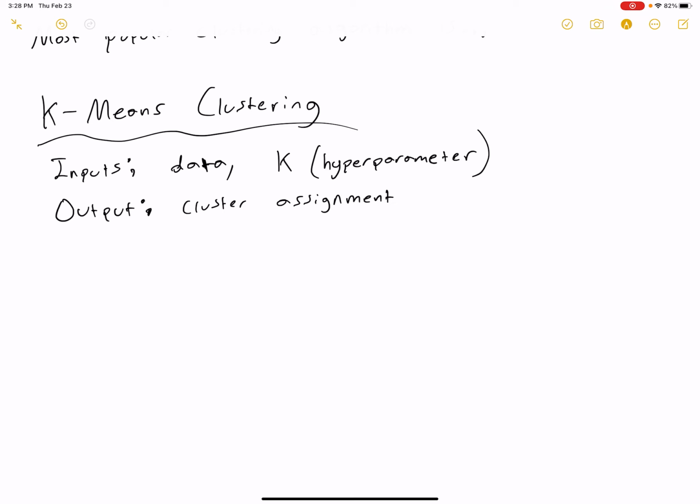So each data point is mapped, for example, via a dictionary or a hash map, not important, mapped to a cluster assignment.